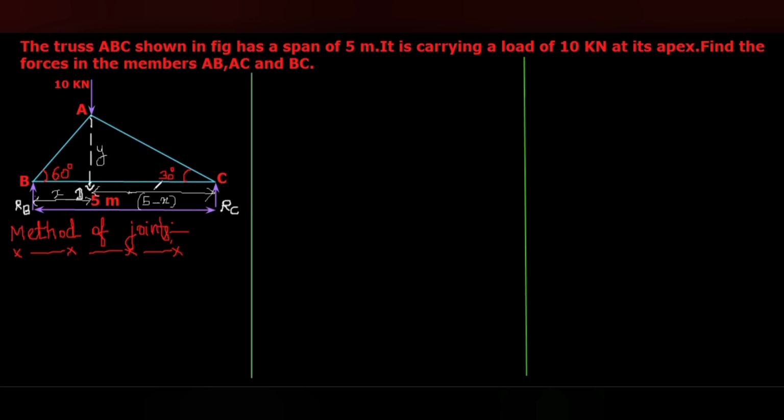then go to the interior joints. And among the three equilibrium principles, such as summation of vertical forces equal to 0, summation of horizontal forces equal to 0, summation of moment about any point equal to 0, in method of joints, we will consider the first two: summation of vertical forces equal to 0, and algebraic sum of the horizontal forces equal to 0.